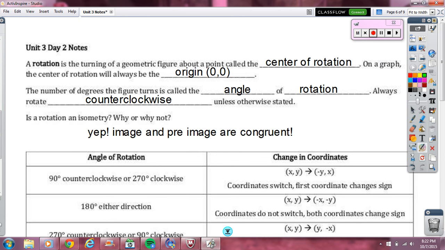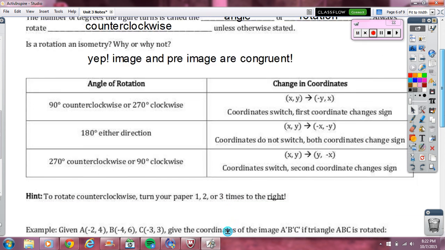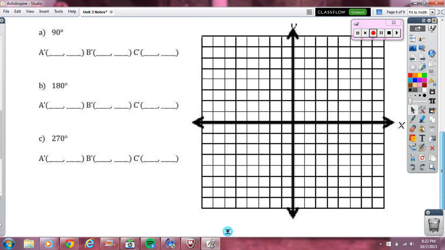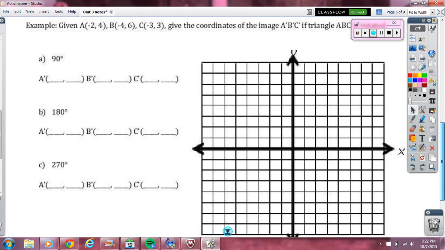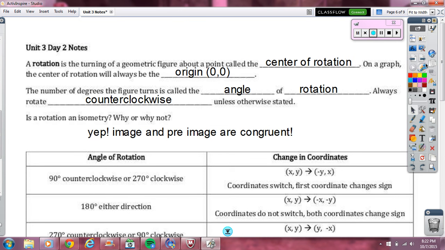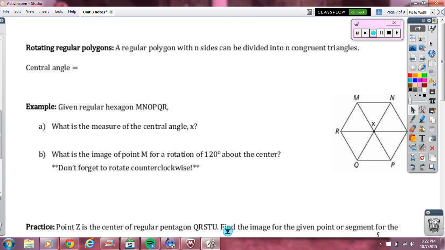Save the rest of this page for in class, because doing rotations in the coordinate plane requires turning our papers and more hands-on learning. Let's flip our pages over to rotating polygons.